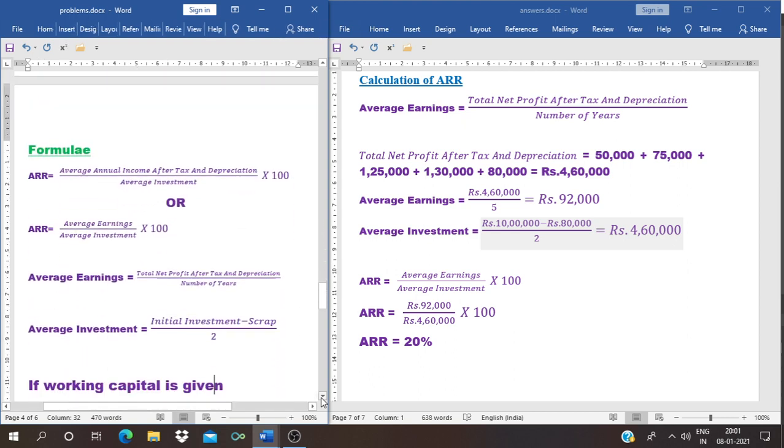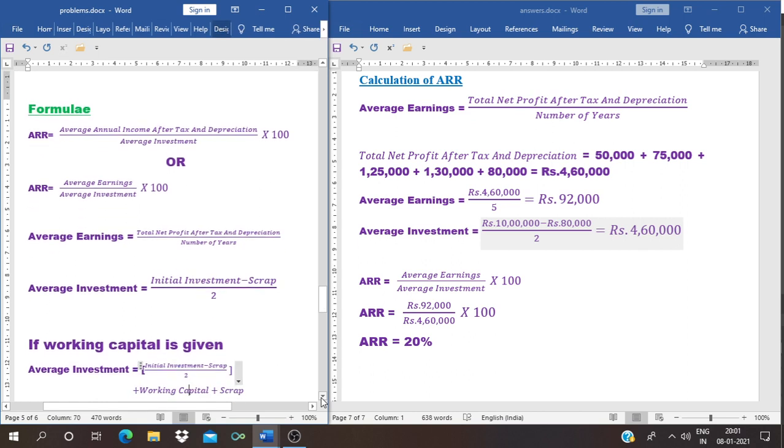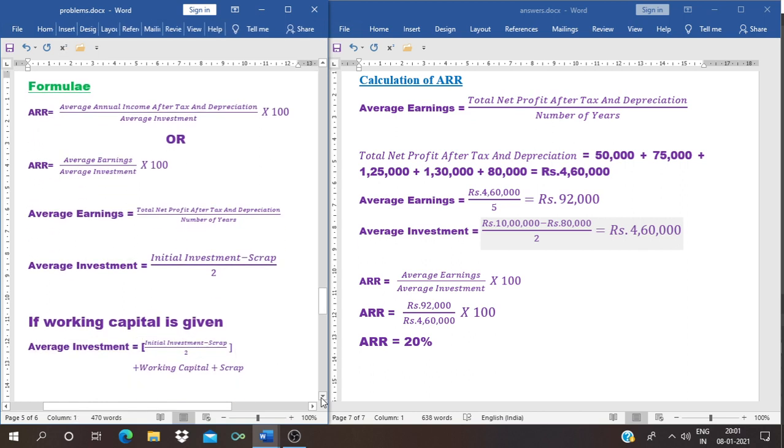There are some important formulae we have to remember while doing the ARR. Without these formulae, you can't solve the problem on ARR. First, we will discuss what the formulae are.